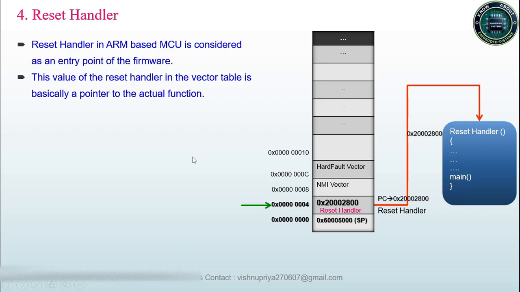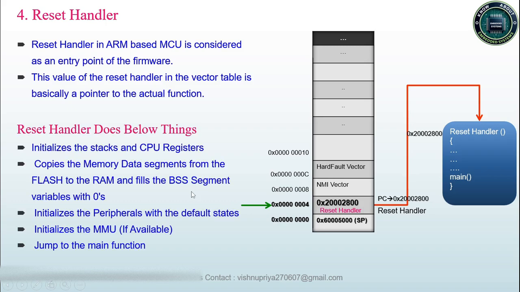The value of the reset handler in the vector table points to the actual reset handler. So here you take the reset handler address and jump to the reset handler, and in the reset handler you perform different initializations and some default configurations, and later we will jump to the main program.